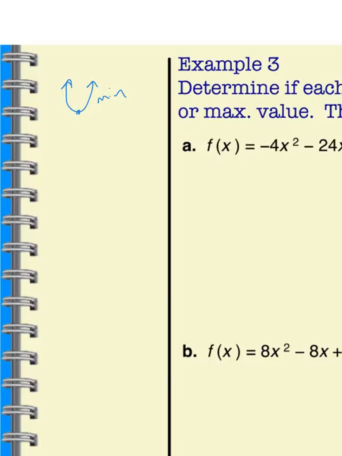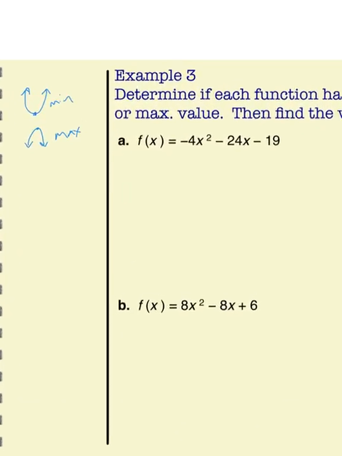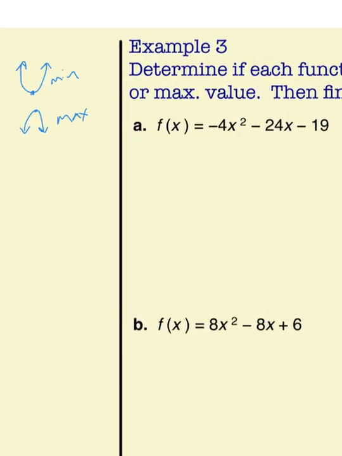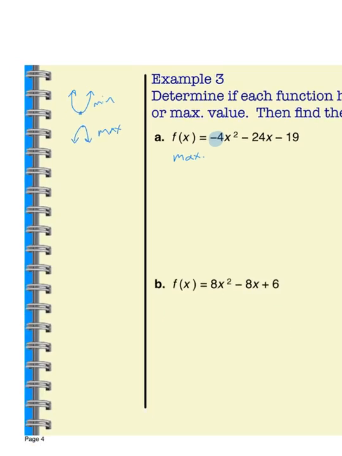And the maximum was the highest y value when the graph opens downward. That's our max. Now in example A, our A value is negative. That negative means that the graph is going to open down. So this vertex will be a maximum. This is a max value.